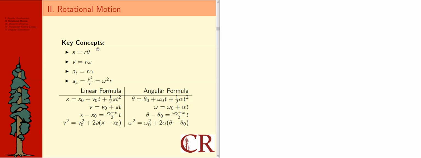One way you could write that a little differently is to say, if we're talking about a linear displacement delta x, that corresponds to an angular displacement delta theta. And if you want to connect those two, you simply multiply by the radius of whatever object is relevant.